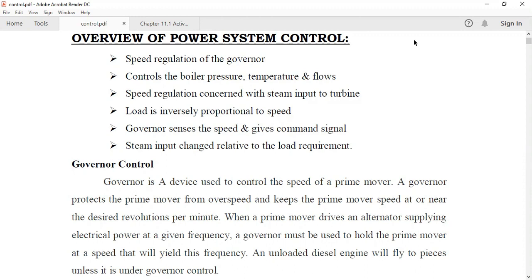Therefore, whenever there is excessive load on the generator or alternator, the speed of the alternator is going to reduce, and to have the rated frequency or power frequency at that point of time, we need to increase the steam input or fuel input to the turbine, by which we can have the rated value of the frequency. Then the governor senses the speed and gives a command signal, and the steam input is changed relative to the load requirement. Let's see one by one.